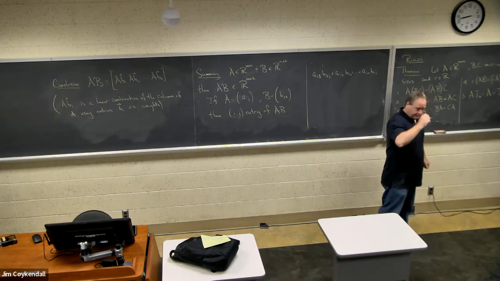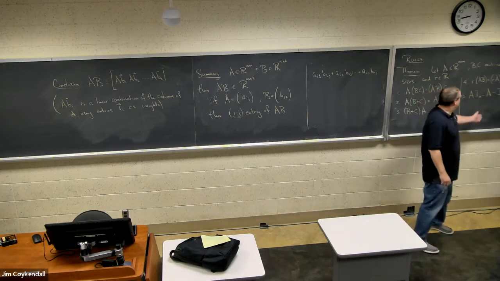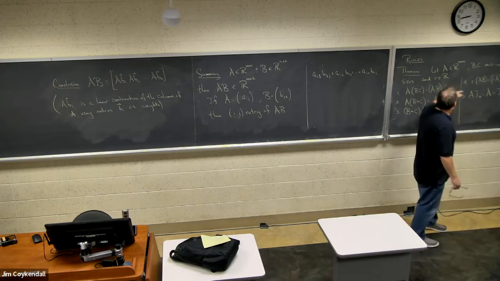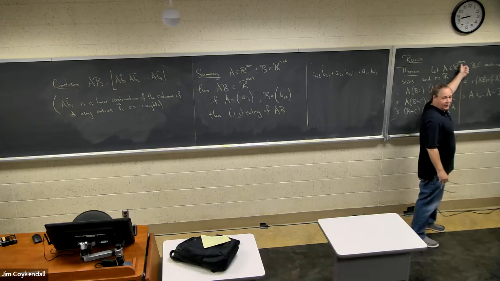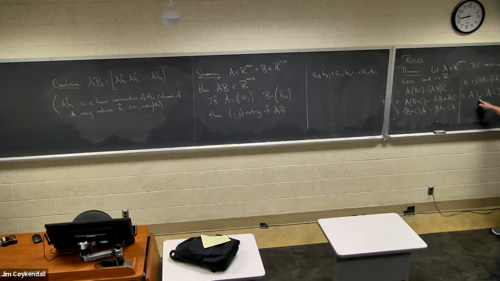Yes. Are I sub n and I sub m the same? Potentially not. For example, if A is, let's say, a 3 by 5 matrix, then this would be the 5 by 5 identity, and this would be the 3 by 3 identity. So this would be smaller, right?